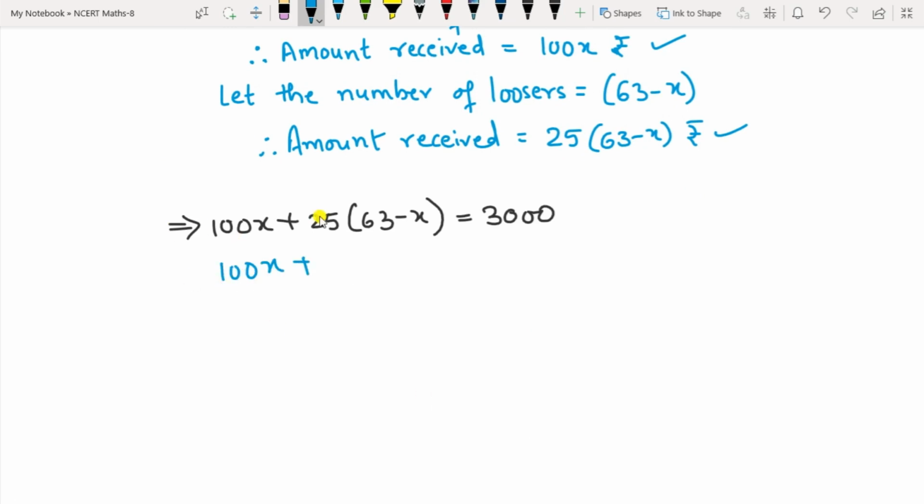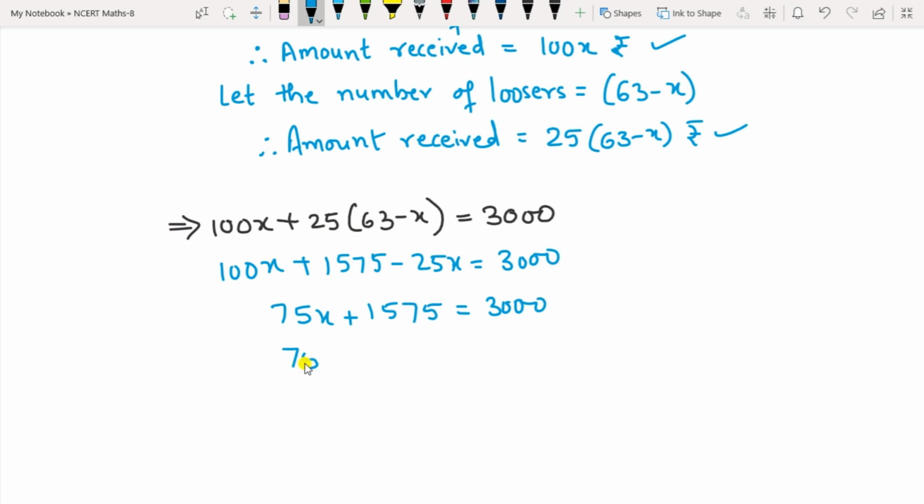Now this amount and this amount total up to 3000 rupees. So it becomes 100x plus, multiplying 25 into each term inside, 25 into 63 is 1575, minus 25x, equal to 3000 rupees. These are like terms: 100 minus 25 gives 75x plus 1575 equal to 3000.